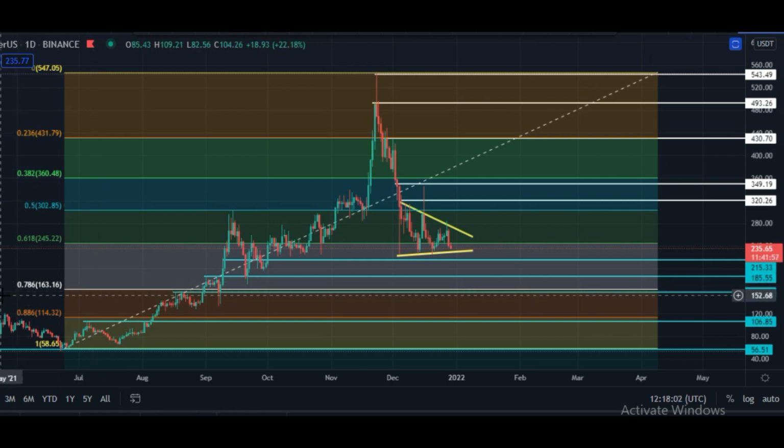The next target is 0.78, which is the $163 price zone. If it breaks towards the upside, it has to break $245 and close a daily candle above this. Once it does this, 0.5 is our next zone, which is the $302 price zone, and after that 0.38, which is the $360 price zone.